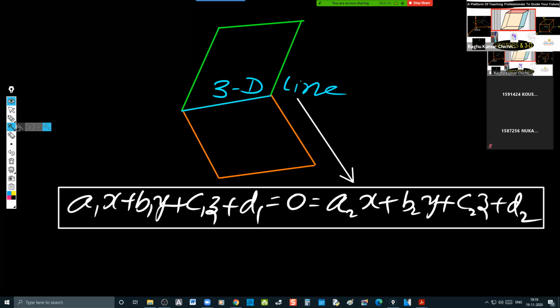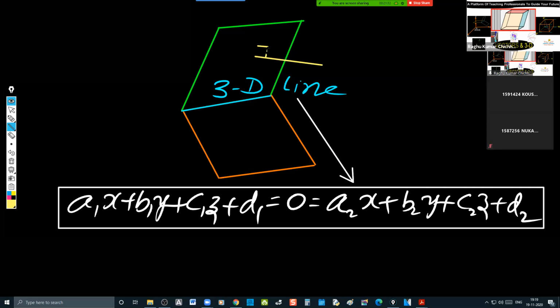Understand that. If I take a normal to the first plane, let me say this is the normal. Normal means it is at 90 degrees to the plane. Now, if I take another normal to the second plane, this is another normal.